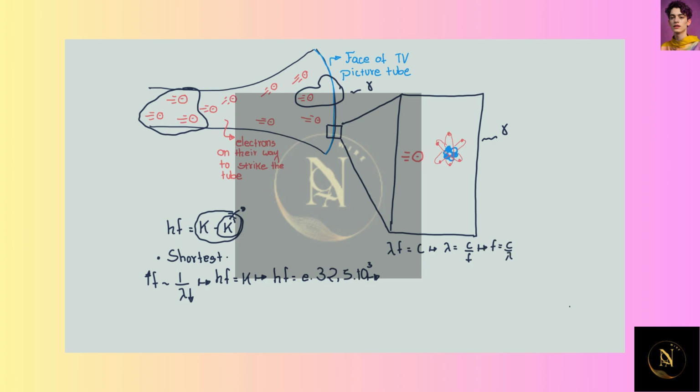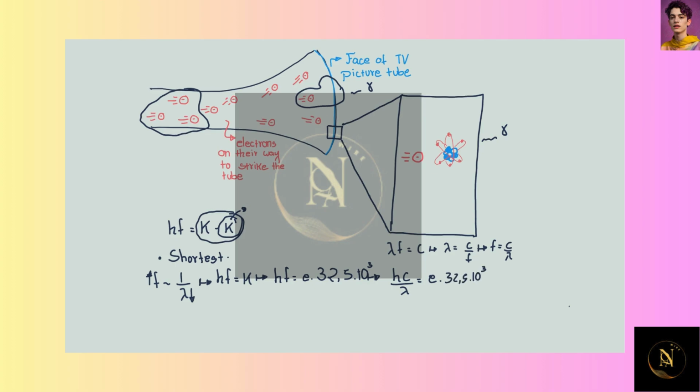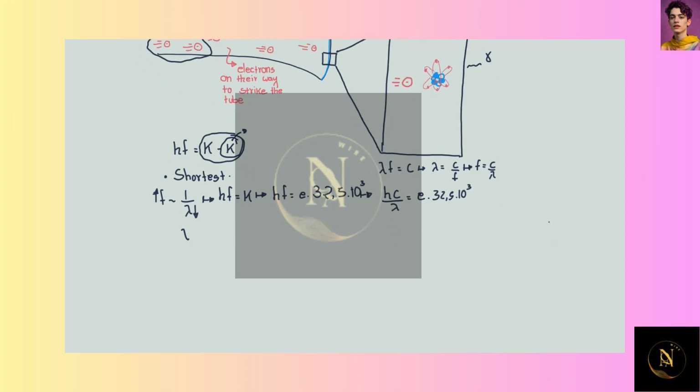Then we can write it as h times c divided by lambda is equal to e times 32.5 times 10 to the third. Then, solving for lambda, we get lambda equal to h times c divided by e times 32.5 times 10 to the third.